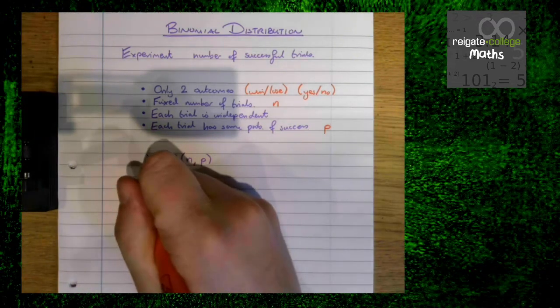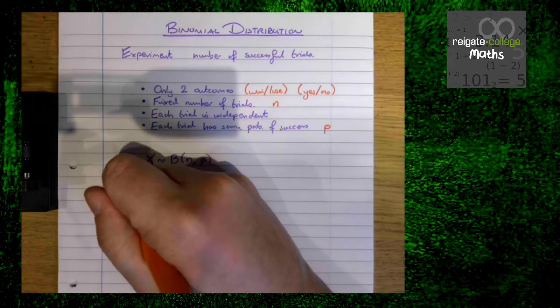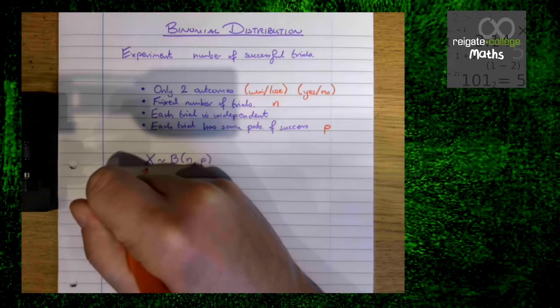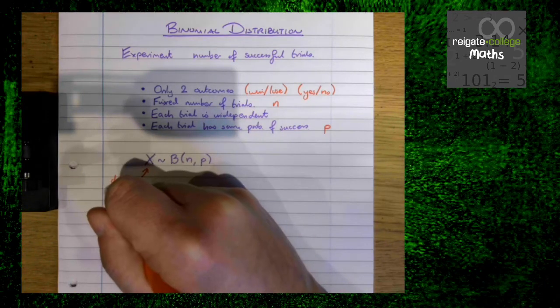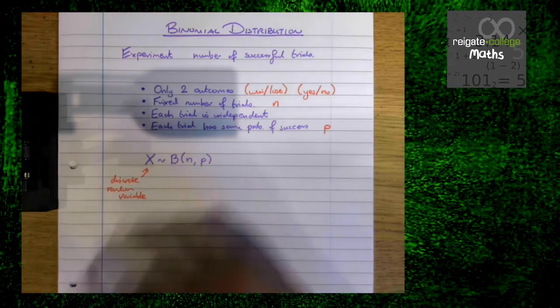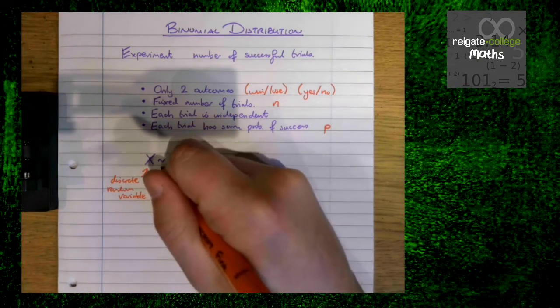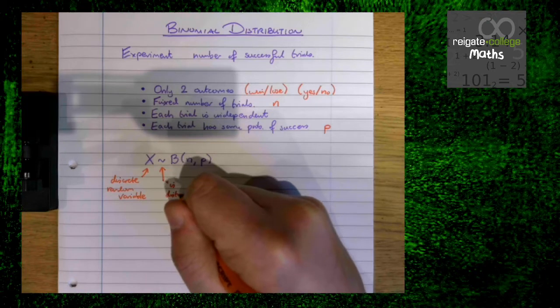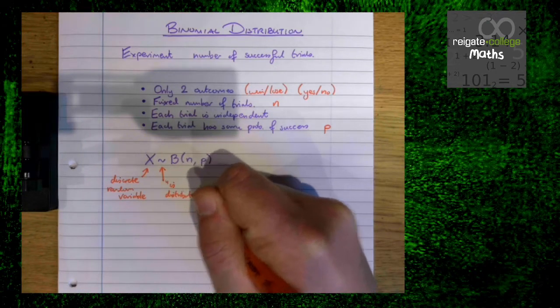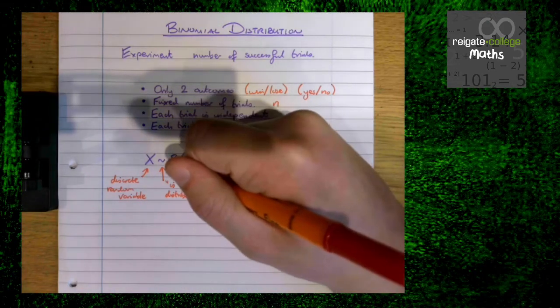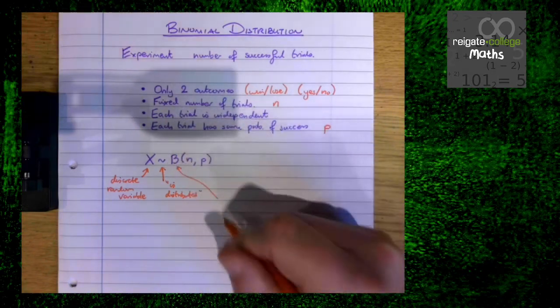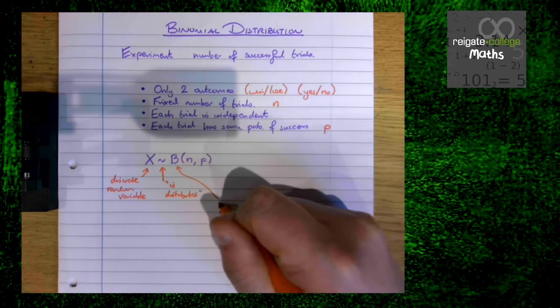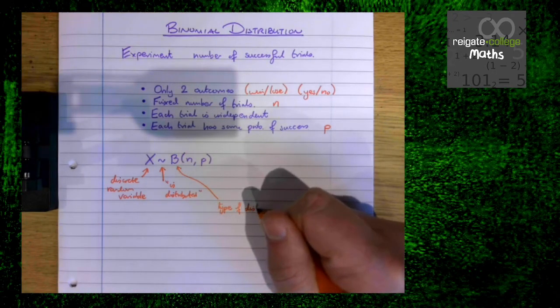So we have our discrete random variable, x. This kind of reads as is distributed. And then the letter here is the type of distribution.